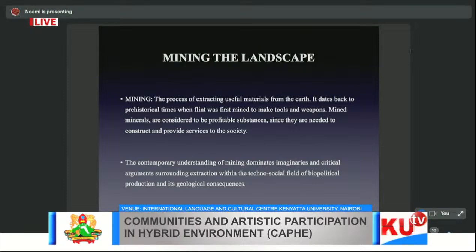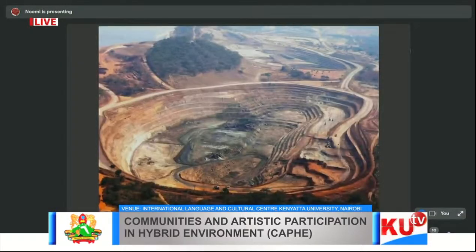So we don't think about mining nowadays just as something that is going to help us move forward, but we have to also think of it with these other negative consequences. So this is an image where we can very clearly see some of these landscape alterations from the mining activities.